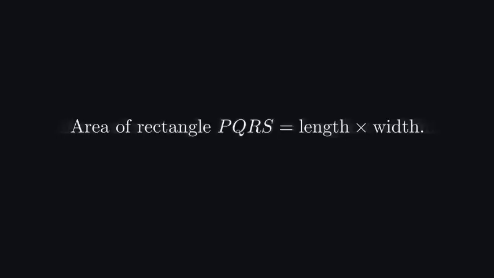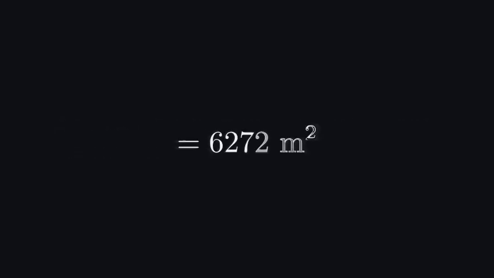Area of rectangle PQRS equals length times width, which equals 112 times 56. The rectangular part has length 112 meters and width 56 meters. Its area is 112 times 56 equals 6,272 square meters.